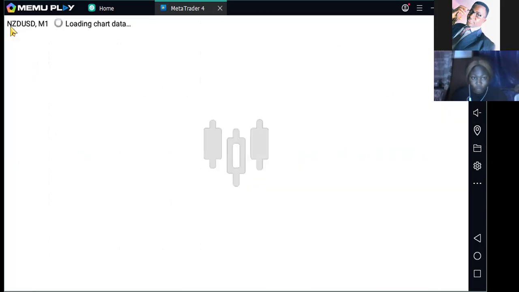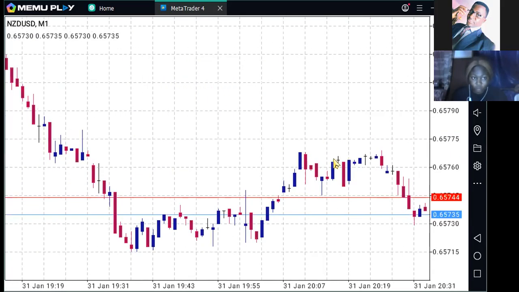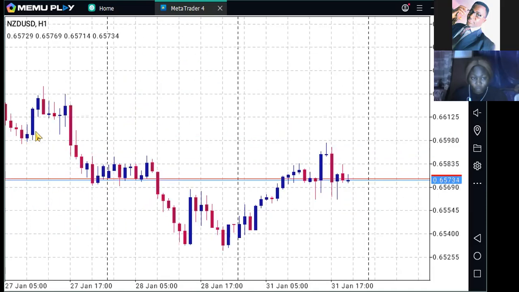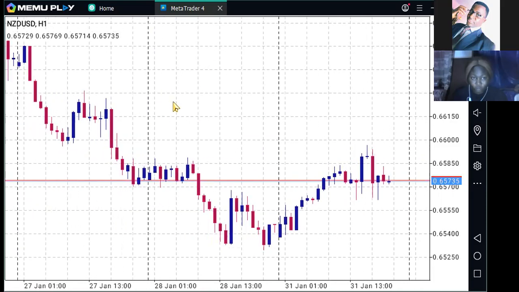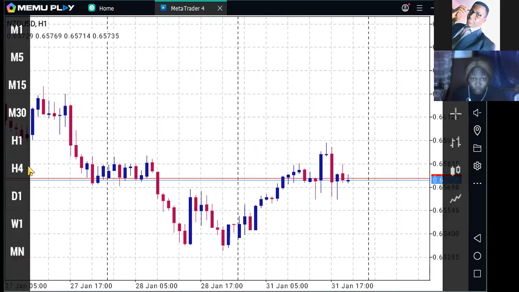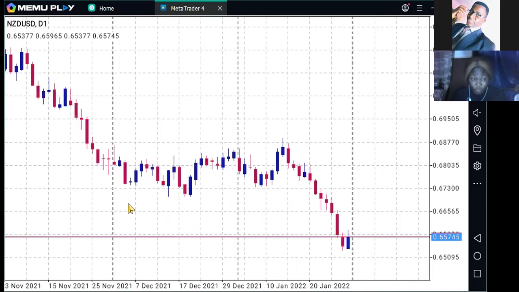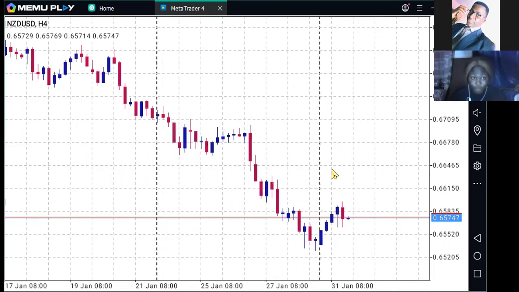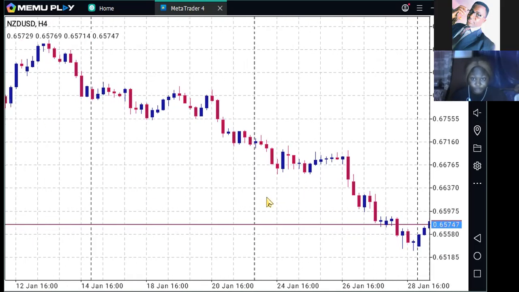Because if I put 1 minute time frame, you see less and see more activities. So if I put the 1 hour time frame, it's still showing you in details of the chart. But on the range of the 4 hour to daily, we see more activities in display. So this is NZD USD.